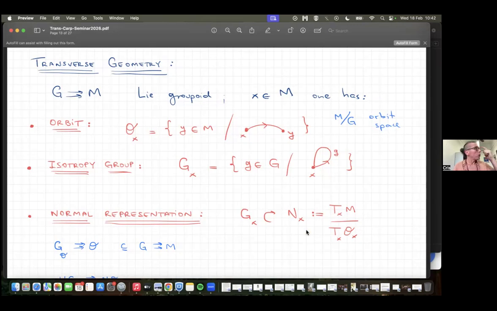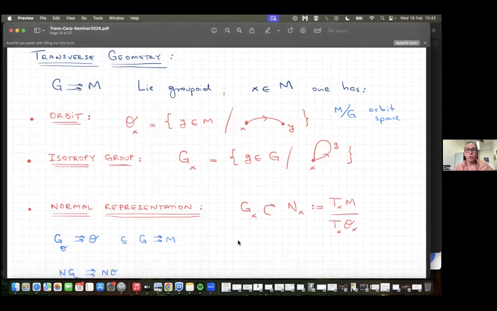There are many ways to see this normal representation. But since I introduced VB groupoids before, maybe I will explain how you can define the normal representation in terms of VB groupoids. The first thing is that if you take the orbit O of X, you can restrict the groupoid to the orbit.